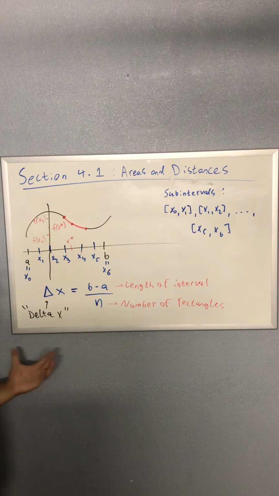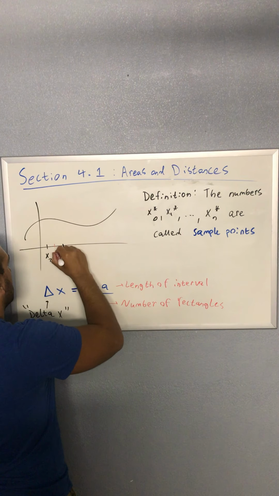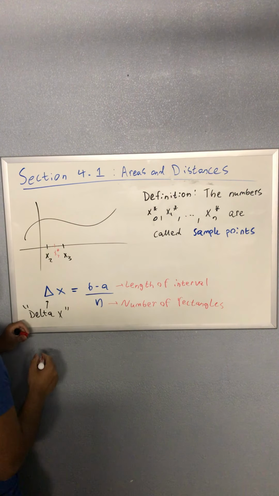So yeah, in general, we have this guy. Let's just say it looks like this. Then, if this is some point, let's say x2, for example, and this is x3, and we take this sample point here, x2 star, then what did we say?